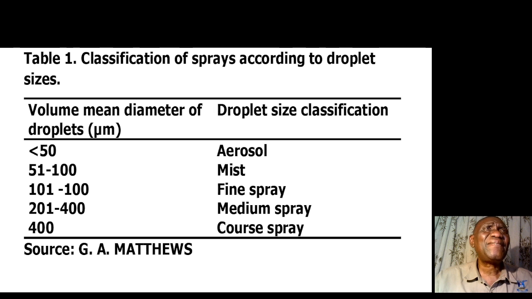Here is a classification of sprays according to droplet sizes. We have got volume mean diameter on our left, and the droplet classification on our right. Anything which is less than 50 micrometers is classified as aerosol.